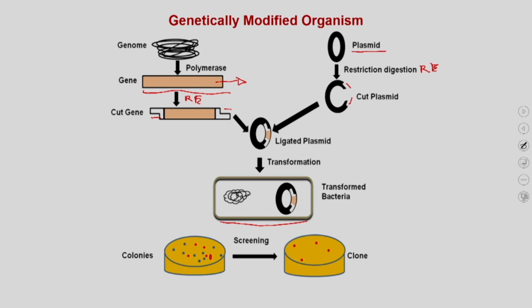So, by following this kind of schematic pathway, or these reactions, you can modify a particular organism and develop a new genetically modified organism.